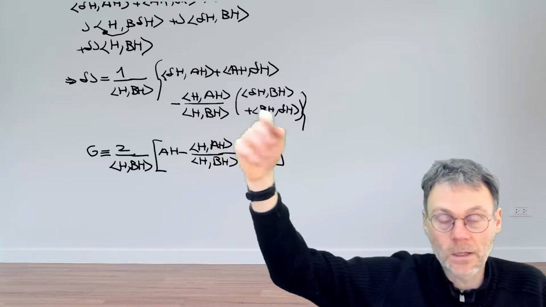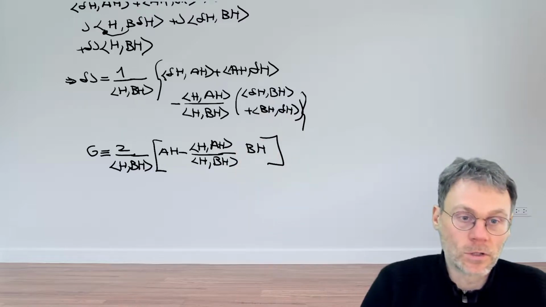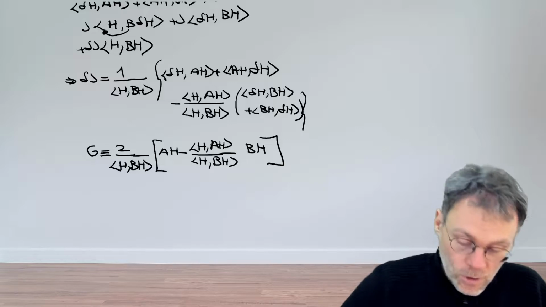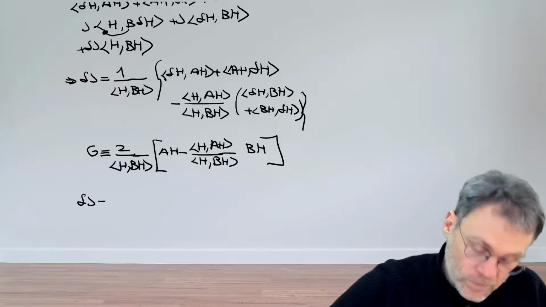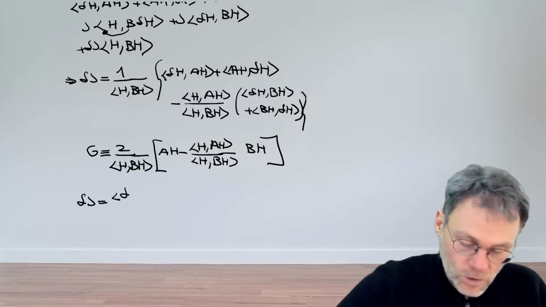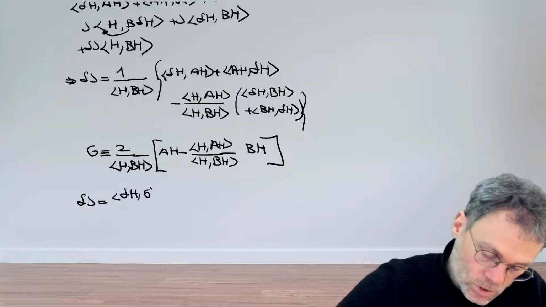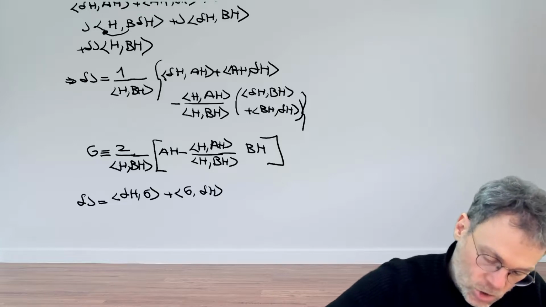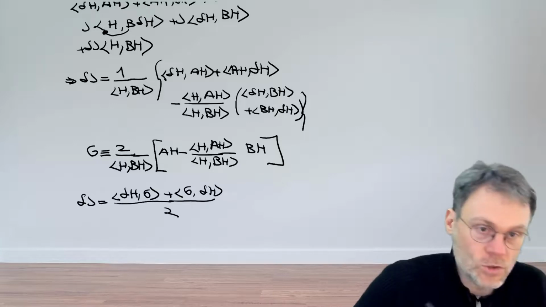Just by looking at that formula, we can see where we should do that. And then we come to the same conclusion that we can write our first variation, delta J, as sort of the average of delta H G plus G delta H divided by 2.